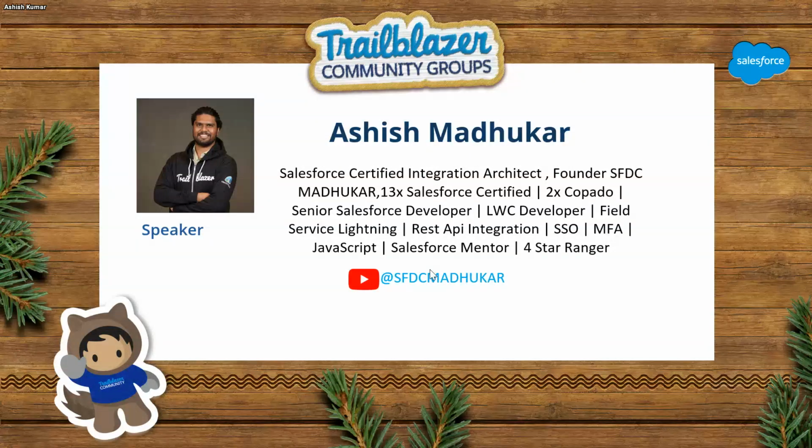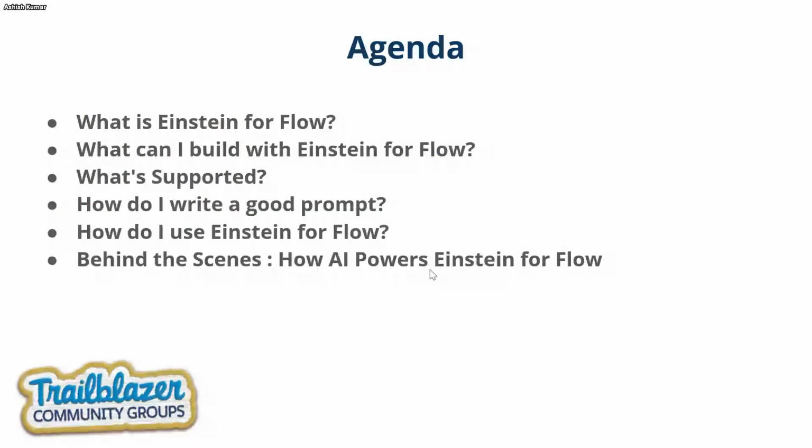Let's learn what we have in today's agenda. Our agenda today: what is Einstein for Flow, what can I build with Einstein for Flow and what is supported, how do I write a good prompt, how do I use Einstein for Flow, and behind the scenes, how the AI powers Einstein for Flow and how it is working.